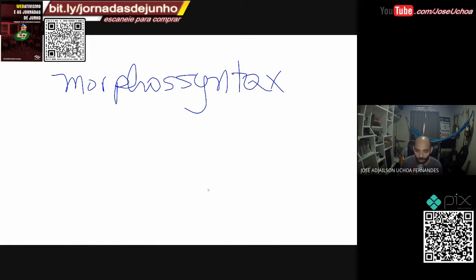So let's do a morphological analysis of the word morphosyntax. That's funny. We are going to study morphosyntactically or morphologically the word morphosyntax. And then you have this part here, morpho. Now, what does morpho mean? You have probably come across these words when you studied biology or when you studied Portuguese language.